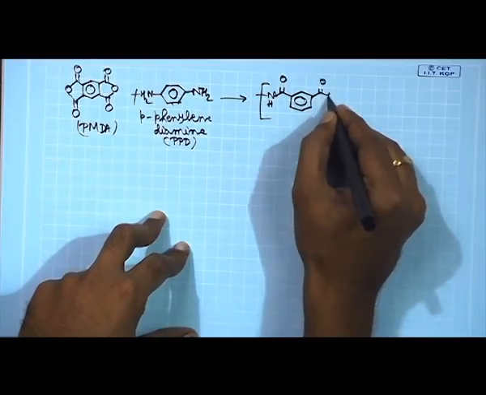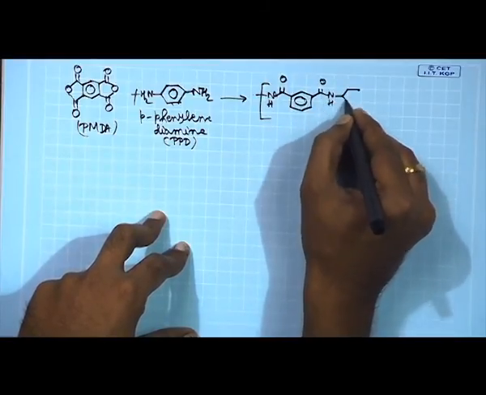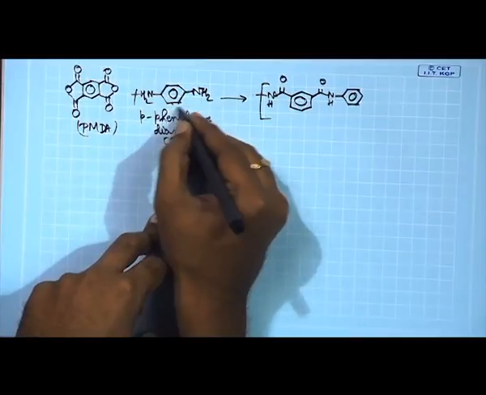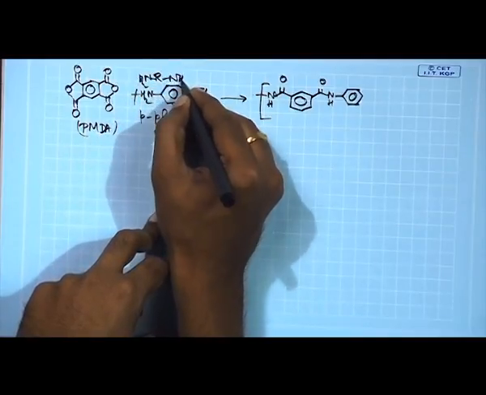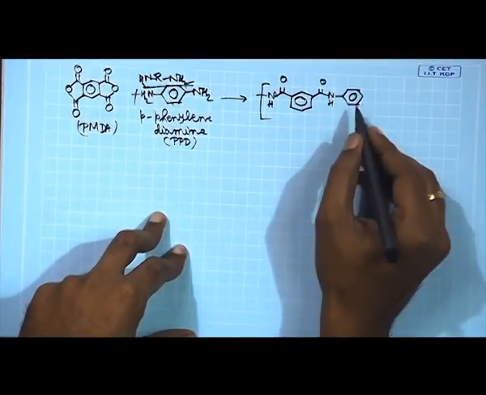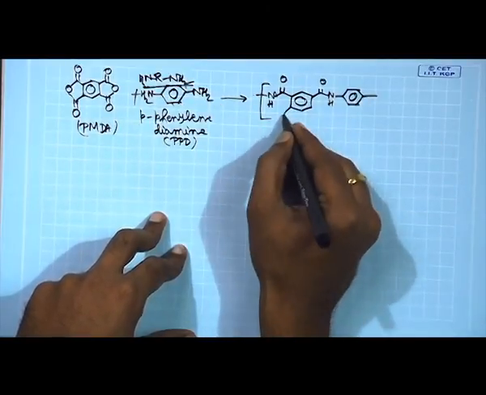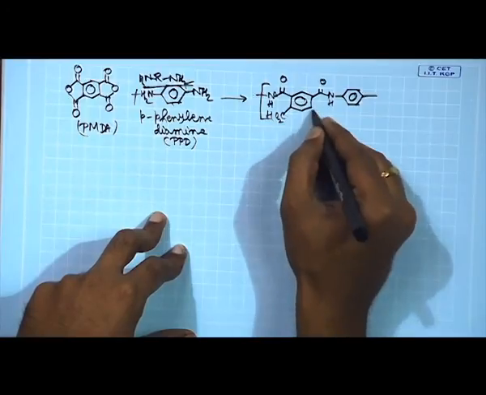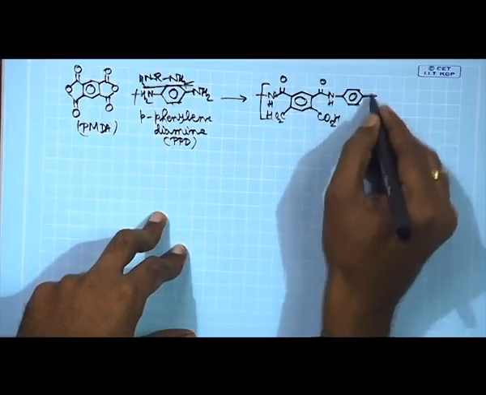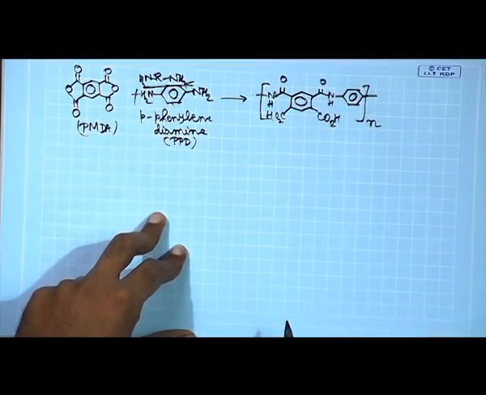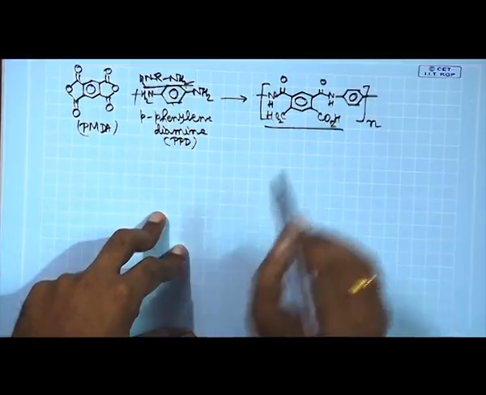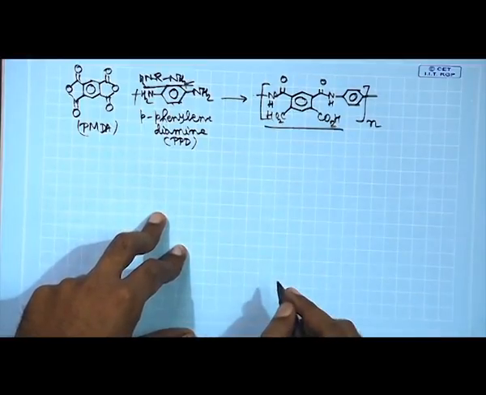So, that will be CONH R, and that R is an aromatic unit. This is your R. So, this is basically R NH2 NH2. So, that is your unit, and you have a CO2H here and a CO2H here, and then the whole N. So, this is your product, this is your polyamic acid.